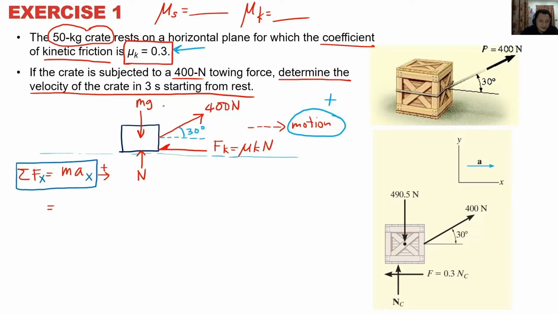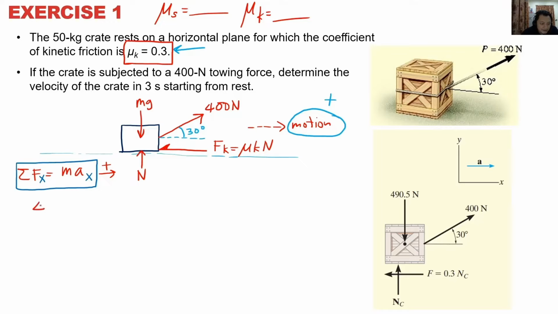You just have to look at your free body diagram. You don't have to worry about any other things. Summation of forces: right is positive, so everybody has this convention correctly. To the right is positive.